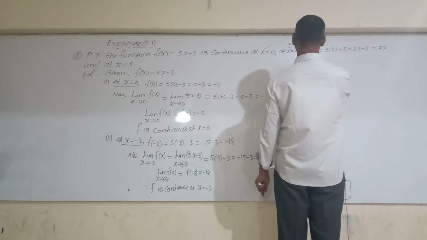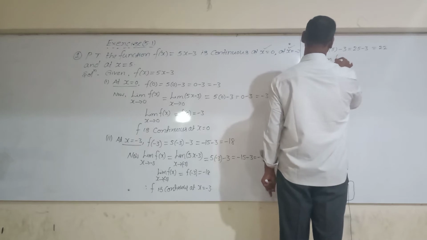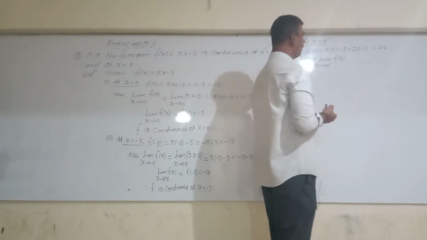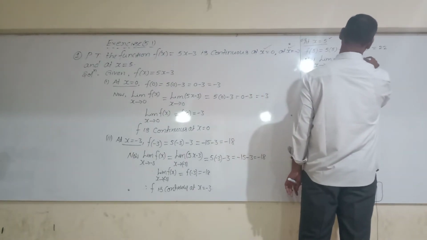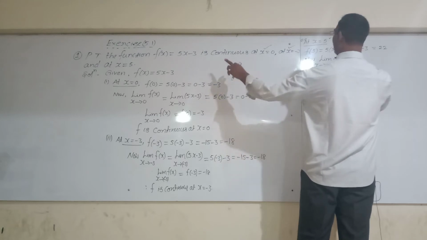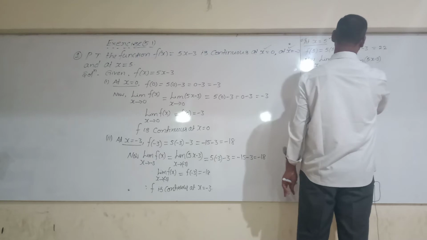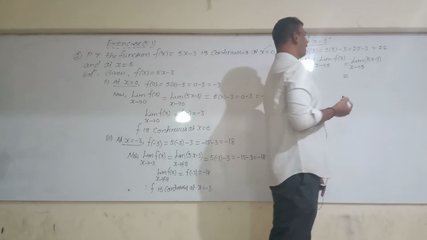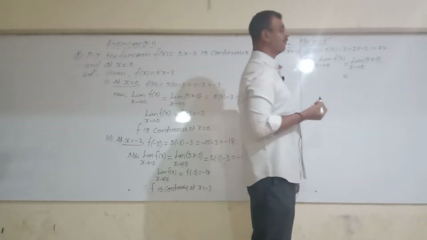Now the next one is finding the limit. The limit of f of x as x approaches 5 equals the limit of 5x minus 3 as x approaches 5. Now we apply the limit, that means fill in x equal to 5.